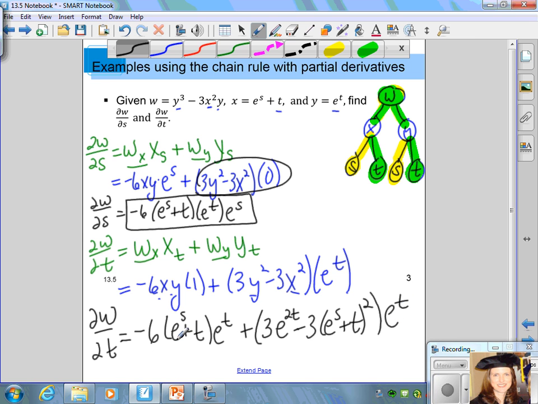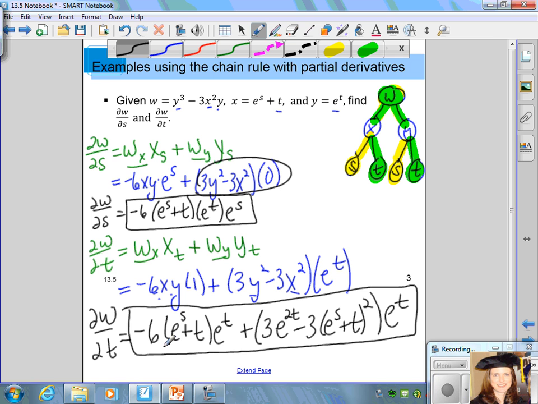Now we can go through and simplify this, distribute, combine like terms. That part there is algebra, so I'll leave the answer like this for now, knowing that your answer can be algebraically equivalent.